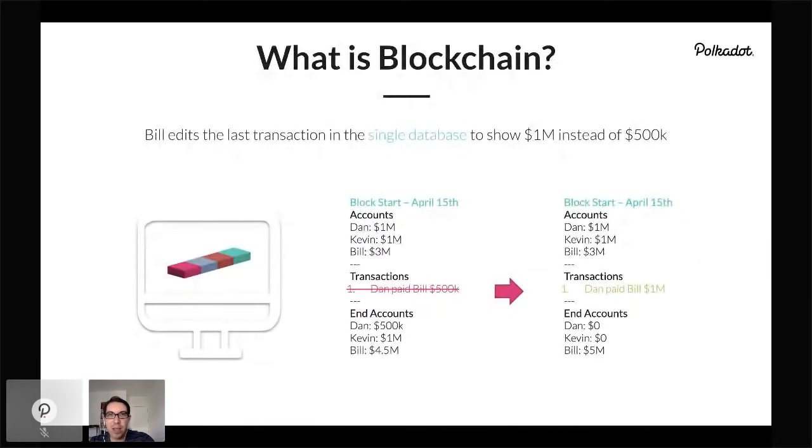If someone does try to change something, it will be visible to everyone. If I try to say, or excuse me, that Dan did not pay me $500,000, so I edit the data on my own computer to say that Dan actually paid me $1 million, everybody else can verify that that's not true, that that was just me trying to cheat Dan out of an extra $500,000, when I already have $4.5 million here.